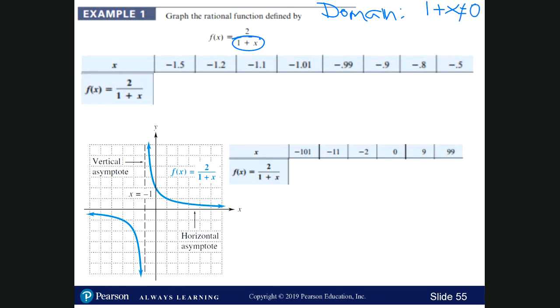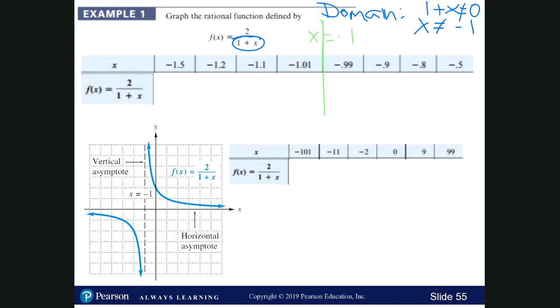So if we solve for x, we will get x cannot equal negative 1. And in reality, that is what we see here. Right in the middle, we will have the number negative 1, or x equals negative 1.